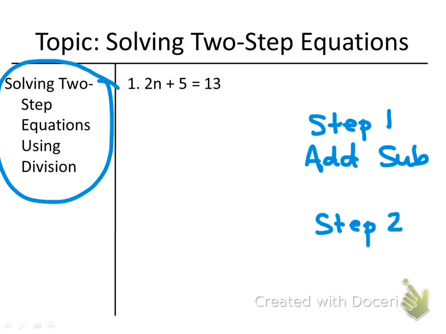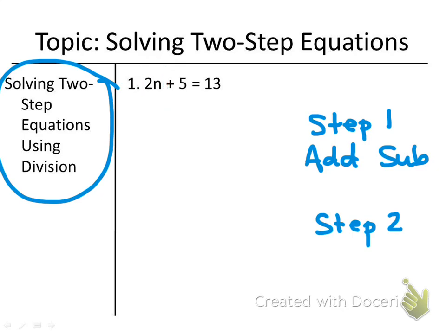So looking at this, I'm going to look at what's in front of where my variable is, and my variable is 2n. I want to isolate the variable. So to isolate the variable and get it all by itself, I have to get rid of all the numbers around it.